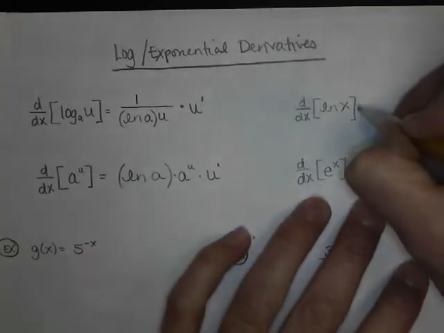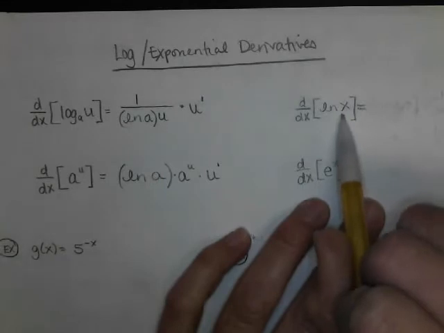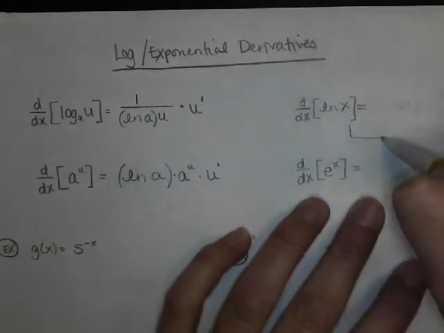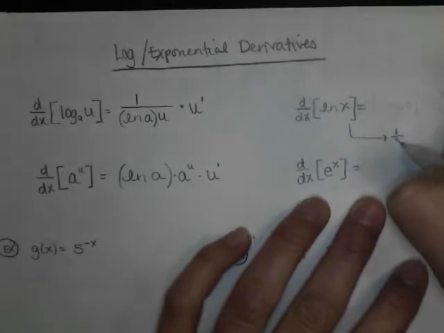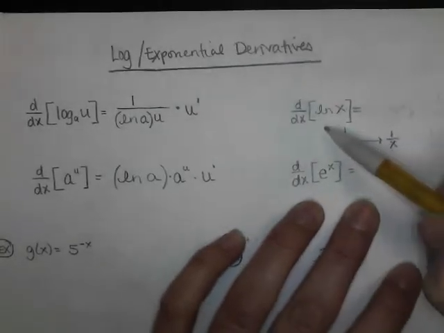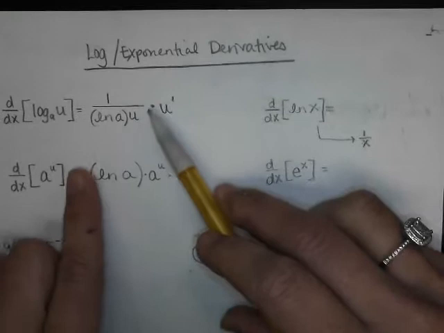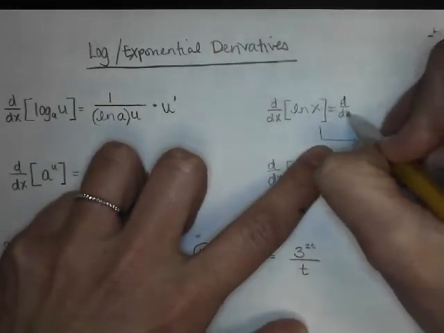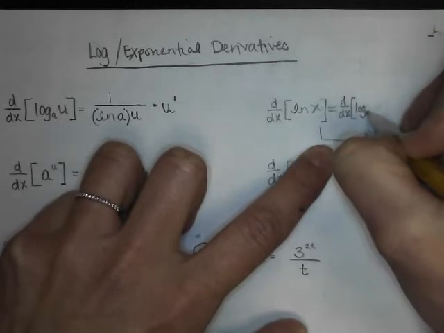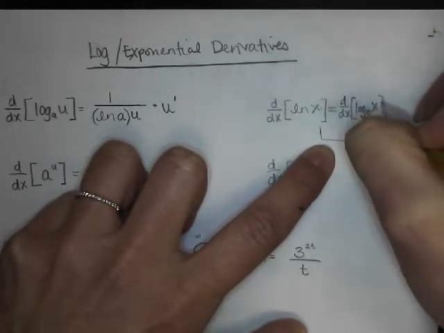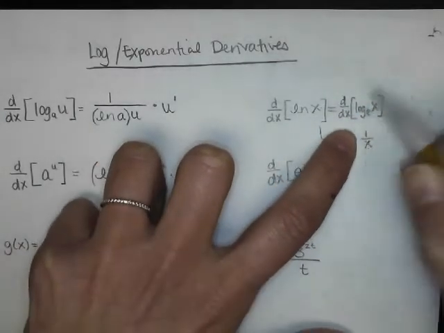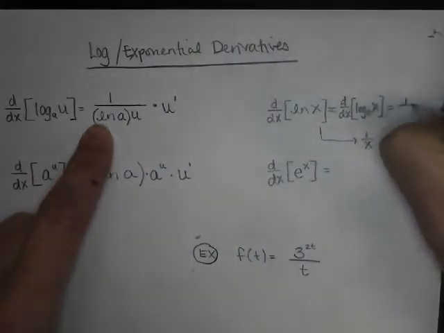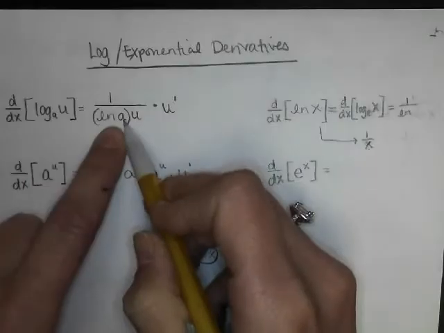So the one log function that we do already know the derivative of is the natural log, and we just knew that that was 1 over x. But it is still a log function, so if we follow this rule, natural log is essentially log base e of x. So if we're applying our derivative rule, it's going to be 1 over the natural log of a.